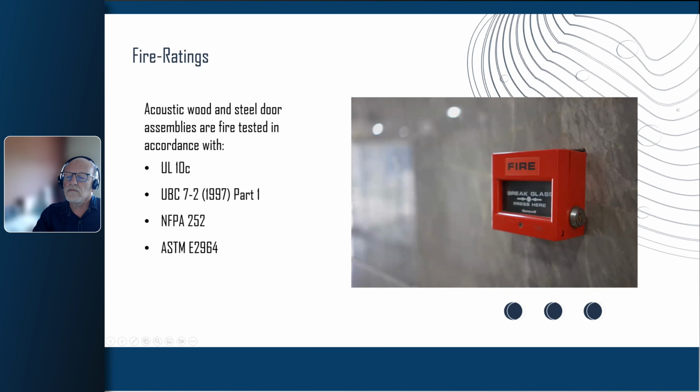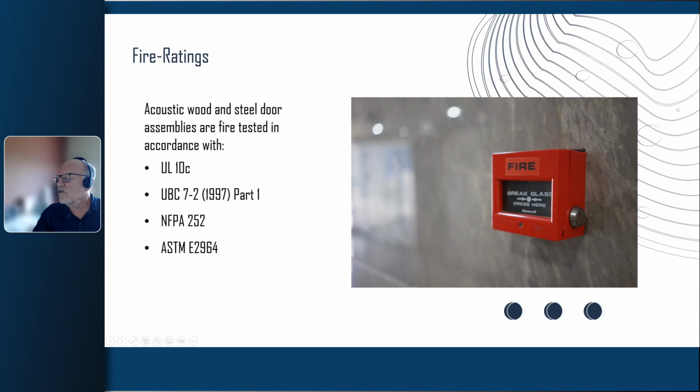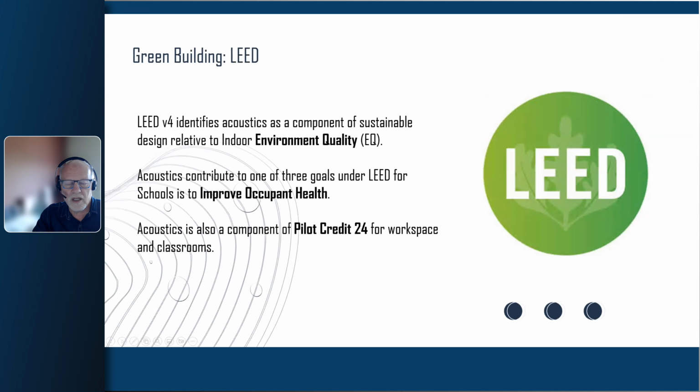This really refers to the fire testing requirements. There's no problem: everybody in the industry has a product with high performance acoustic ratings and appropriate fire ratings. The fire ratings are a completely different test. Every door manufacturer has fire rated doors, but not every door manufacturer has acoustic properties.